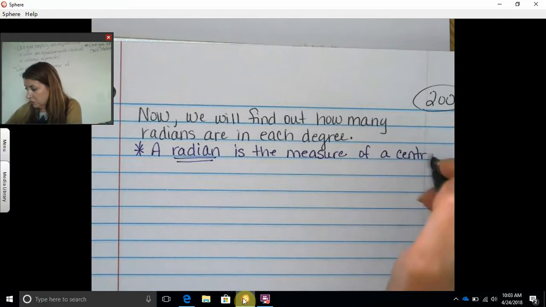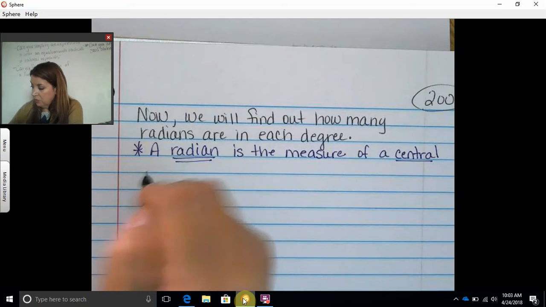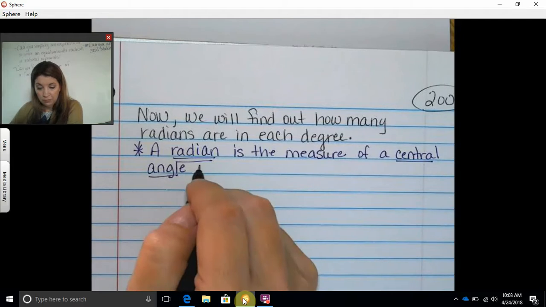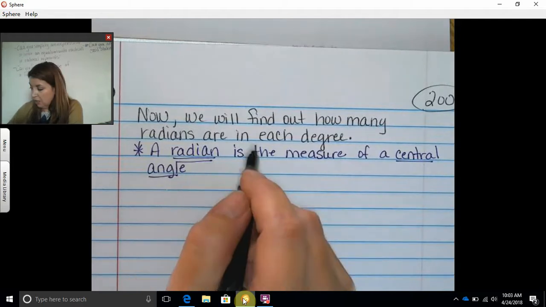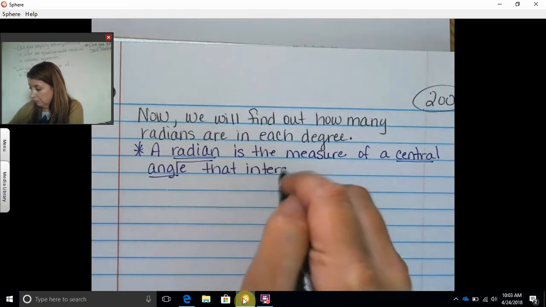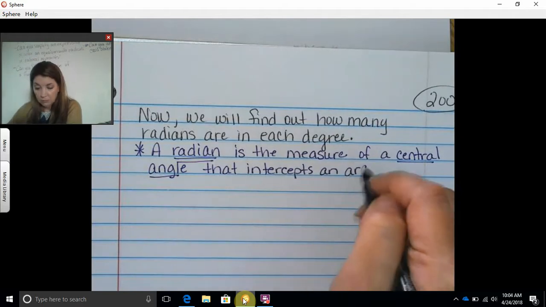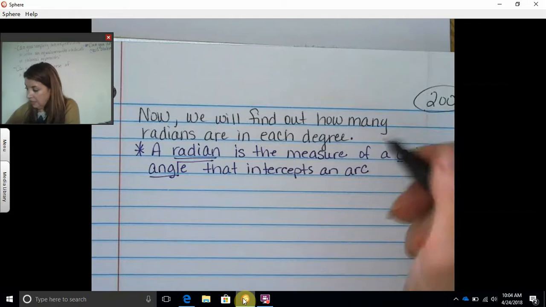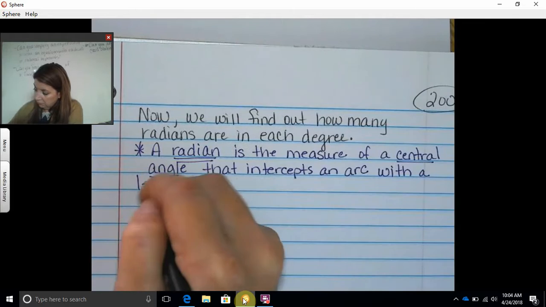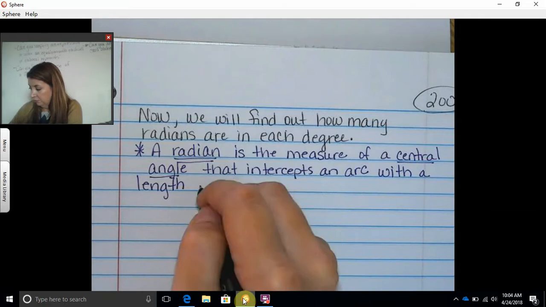Remember from geometry, a central angle means you have an angle where the vertex is on the origin, that intercepts an arc with a length equal to the radius of a circle.